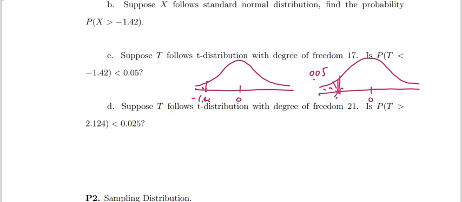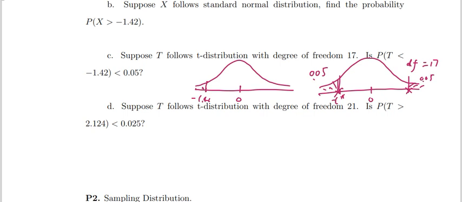We put the T star. What is that? The degree of freedom is 17, so we just check 17, right? So we say 1 tail 0.005. From the table we can find this number.